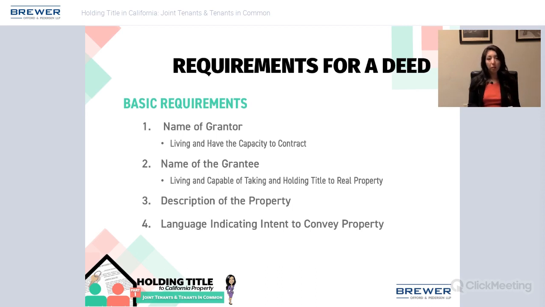They come to us and we realize it's because they're missing one of these specific basic requirements. And usually it's the description of the property with the attachment that's not included. But aside from that, everything else is usually there. But there are issues that we've seen, so that's why I'm trying to focus on this right now.